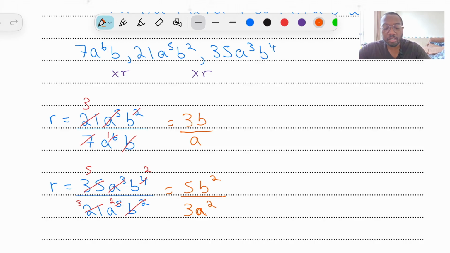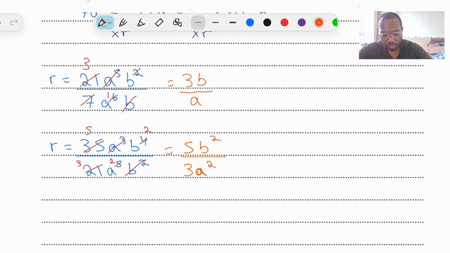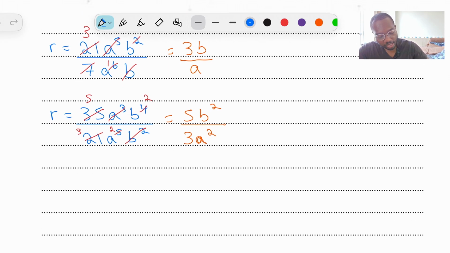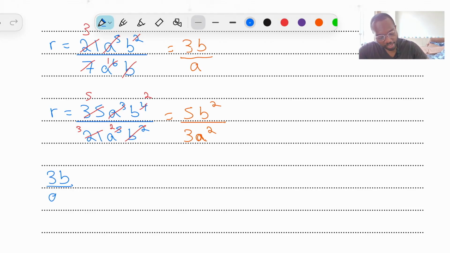And then we know that our r's must be equal to each other because they're the same value. Therefore, we know that 3b over a is equal to 5b squared over 3a squared. And now we want to try and get this into some form of a over b, okay? So if we cross multiply, what do we get?